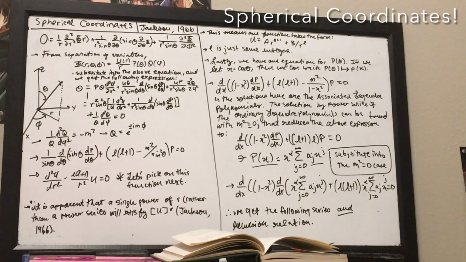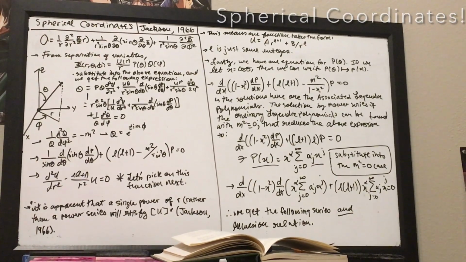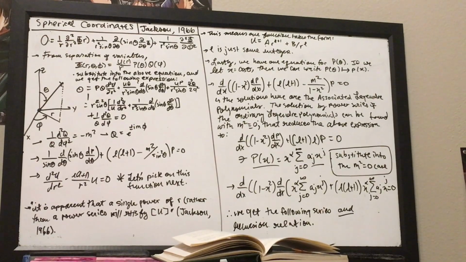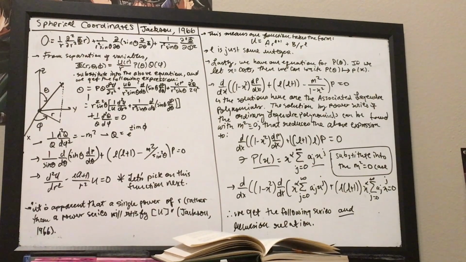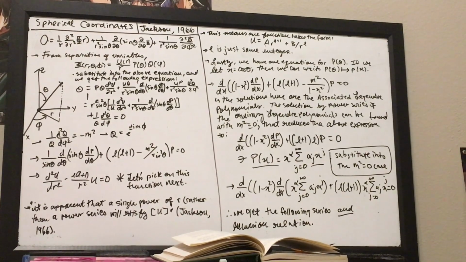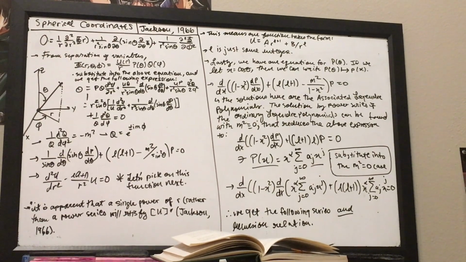So now that we've covered Cartesian coordinates, I believe now we can move on and start talking about spherical coordinates instead. Now, the biggest difference between spherical coordinates and Cartesian coordinates in this particular case is primarily the complexity in which the method of solving your separation of variables increments.